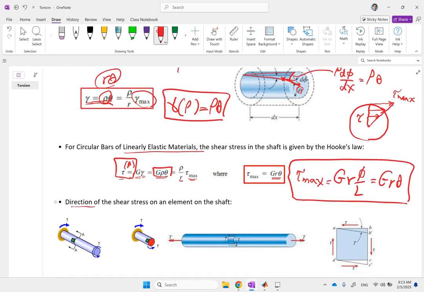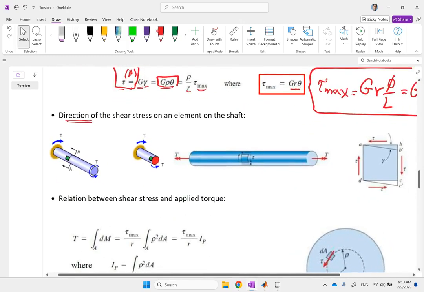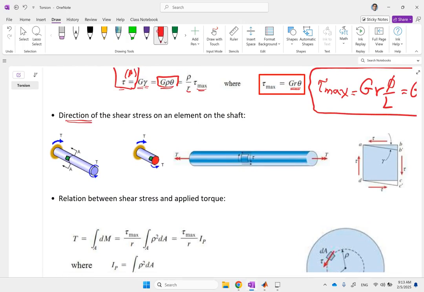So this is the value for the shear stress at any location or the max. What about the direction of the shear stress on any element? Well, for that, all we need to do is to apply a cross section. So let's say they have this simple shaft, which has applied to it a counterclockwise torque on this end, and the other end is fixed. And they show you some small element, this green element, somewhere along the shaft.